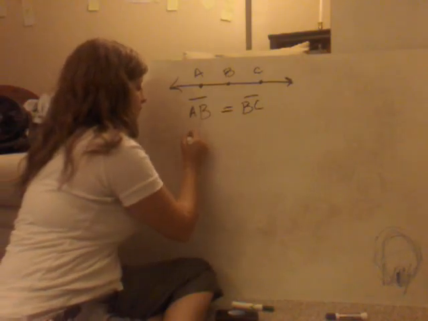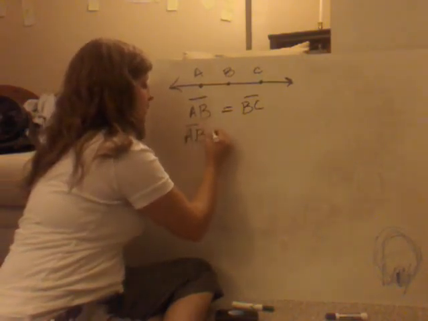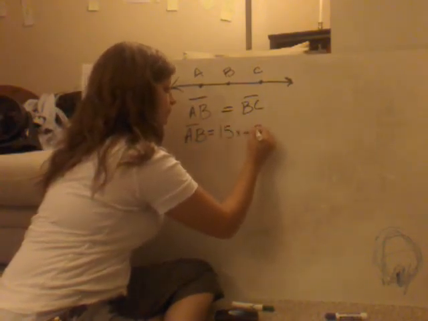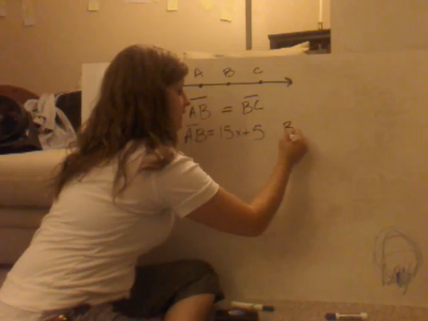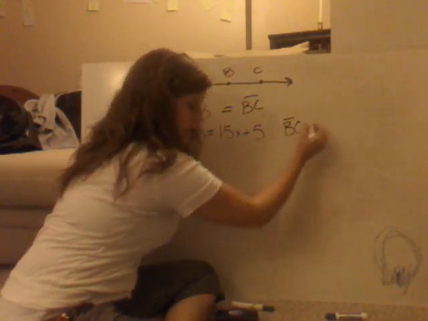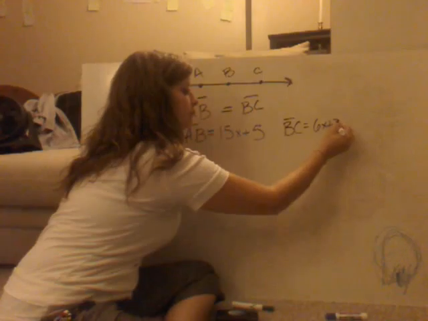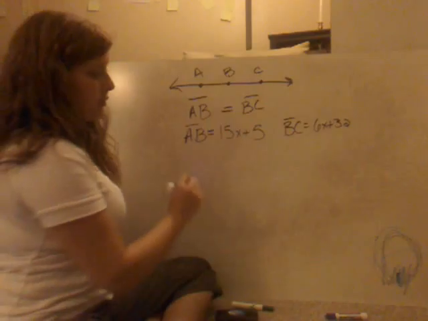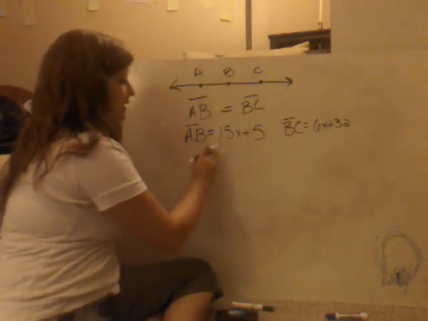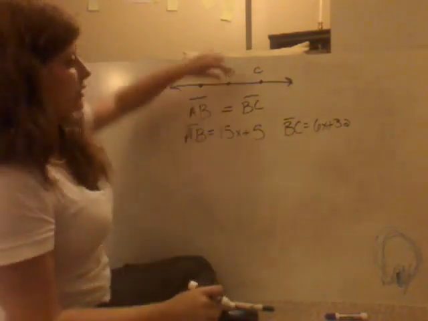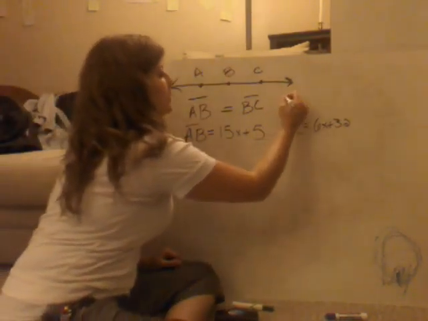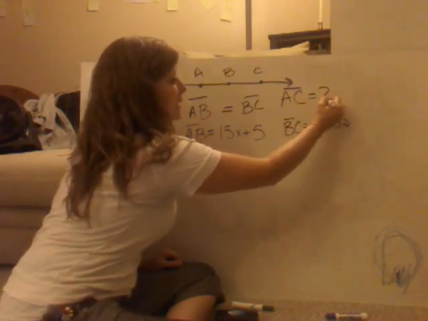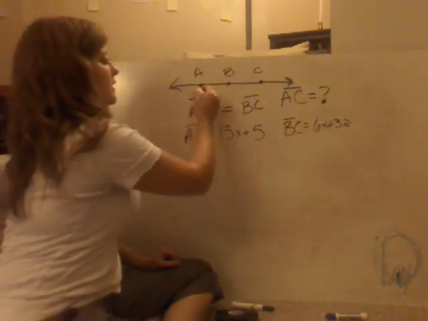I tell you that AB is equal to 15x plus 5, and BC is equal to 6x plus 32. See that? Okay. So since I tell you that AB is equal to BC, I want you to find the total of the two, so I want you to find AC. So I want you to find this whole thing.